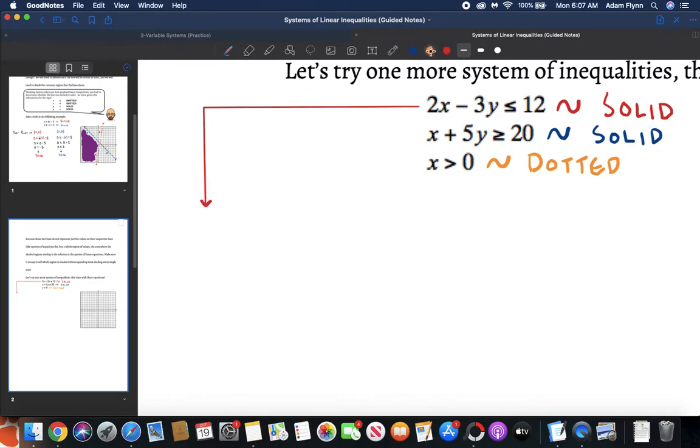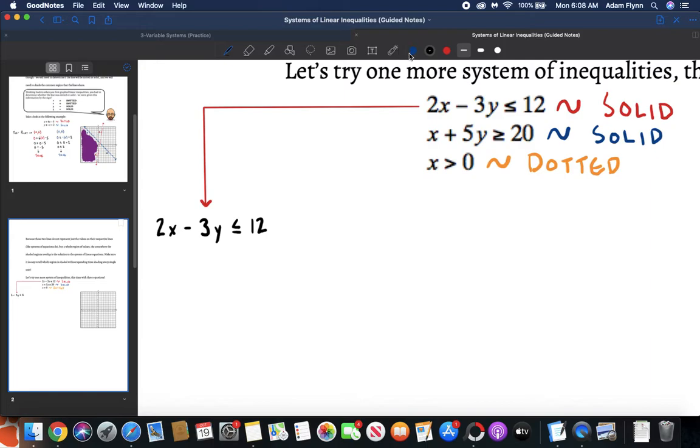Okay, so if I change this to black, I've got 2x minus 3y is less than or equal to 12.